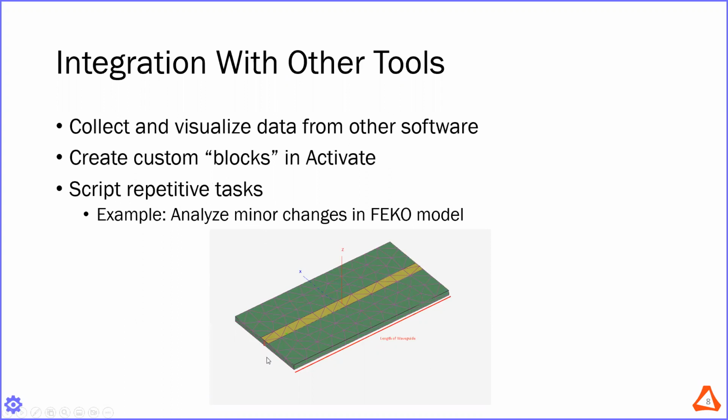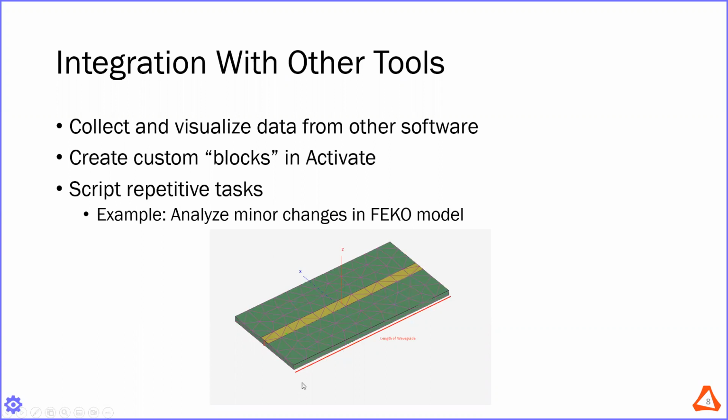But let's say we model this in that software, and we want to change the length of the device in small increments to see what kind of effect that has on the performance of the device. So we can actually use FICO and Compose in tandem here, because we can run in FICO. Again, I won't show it since that's not the focus of today, but we can run this model to change a certain variable over and over, using scripting available there to change the length of this device.